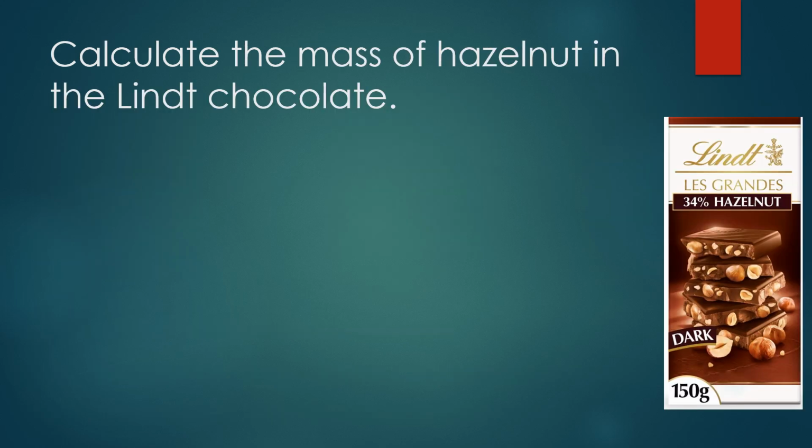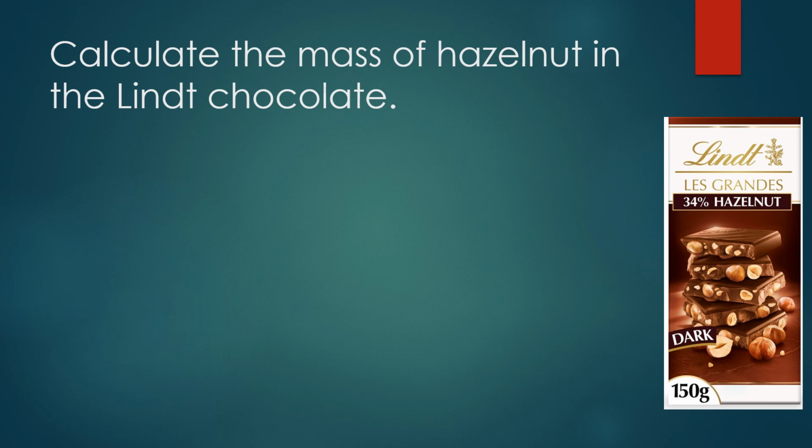Math is not always so simple. Regarding this mass fraction, in most common products you will find, let's say, a percentage, and then you need to find out the mass of the thing that you have in that product. Let's say again with chocolate. Let's say that the amount of all this mixture, this chocolate, is 150 grams. And the next data that you have is that the specific nuts inside of this chocolate, hazelnut, is 34%.